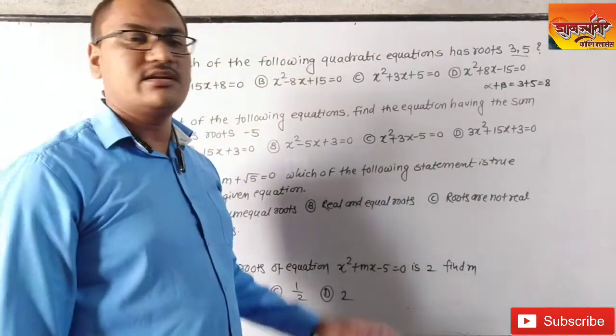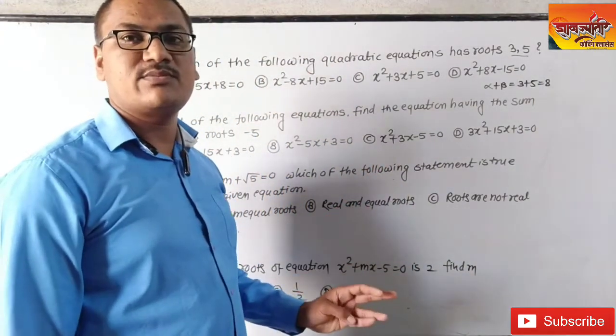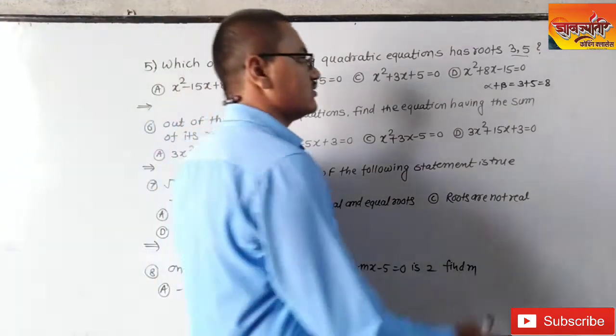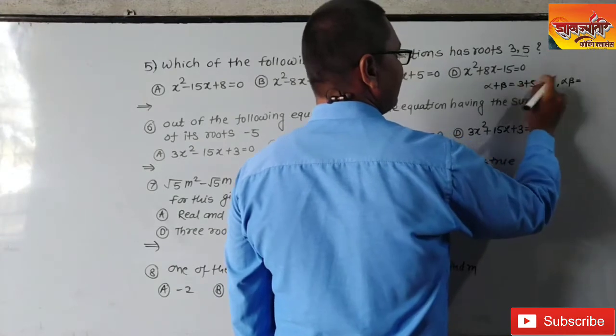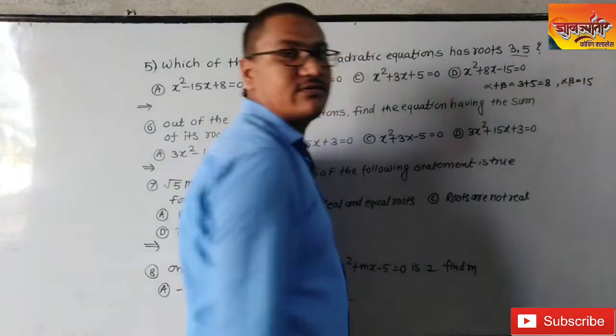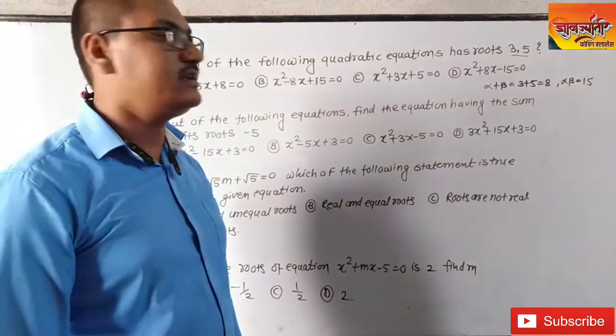Then the required quadratic equation form is x square minus (alpha plus beta) x plus alpha beta is equal to 0. The value of alpha beta is the multiplication of 3 into 5, which is 15. The required value is plus 15.